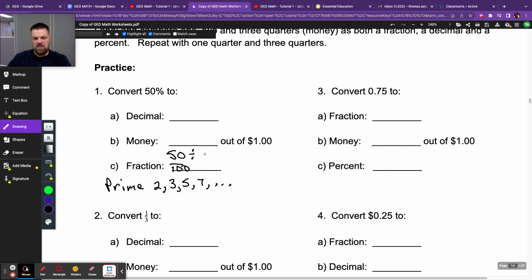I'm going to divide 5 on the top and divide by 5 on the bottom. 50 divided by 5 on the top is equal to 10. 100 divided by 5 is equal to 20. Now, I look at that and I know that 10 is literally 1/2 of 20. So this reduces to 1/2. Okay. So this is our fraction, 1/2.